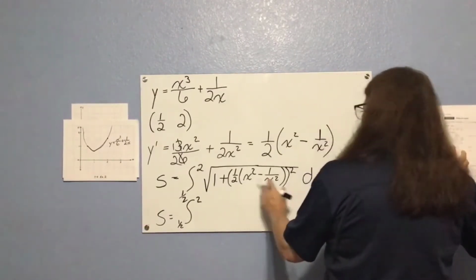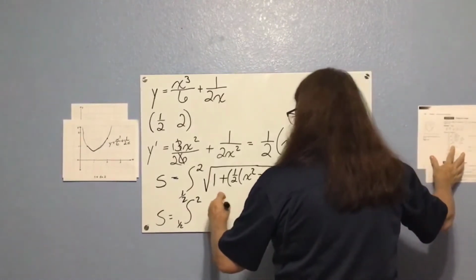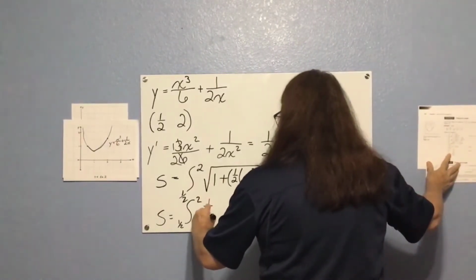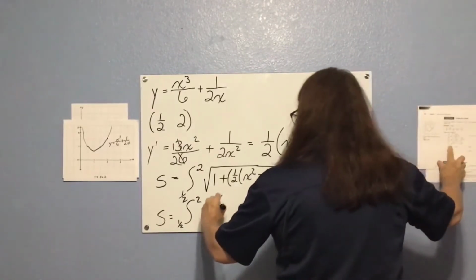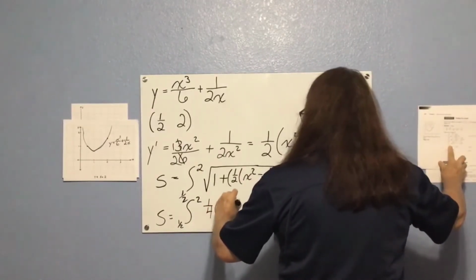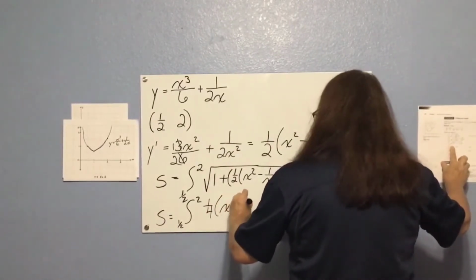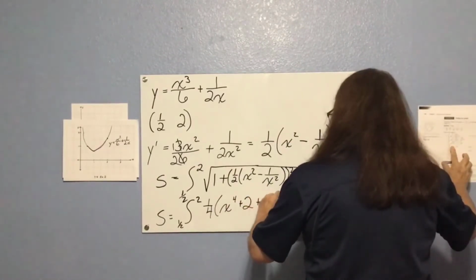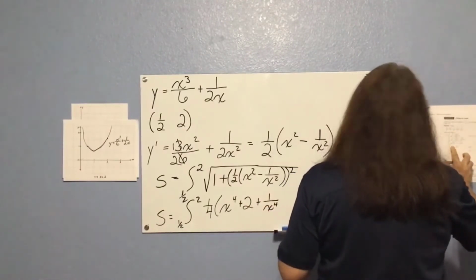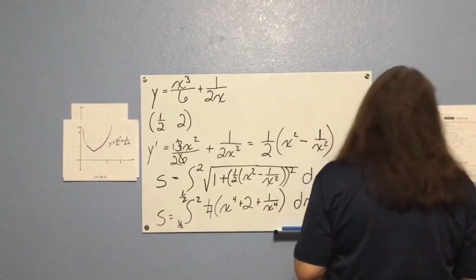Okay, after we multiply this out, we can factor out a 1/4. Then we have left x to the 4th plus 2 plus 1 over x to the 4th dx.